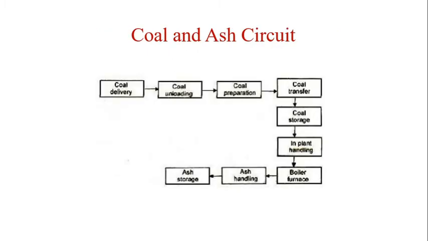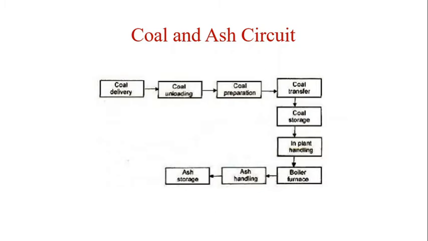In the coal and ash circuit, the steps include coal delivery, coal unloading, coal preparation, coal transfer, coal storage, in-plant handling and feeding it to the boiler or furnace. This is before putting it into the boiler or furnace, and after the combustion in the combustion chamber or boiler, the ash handling and ash storage.